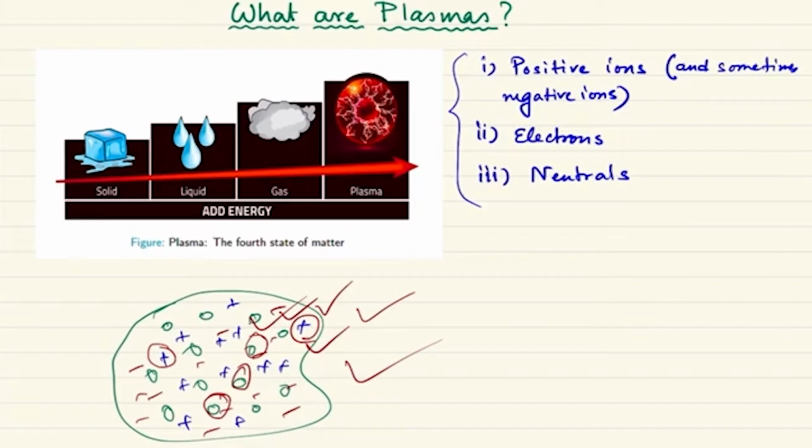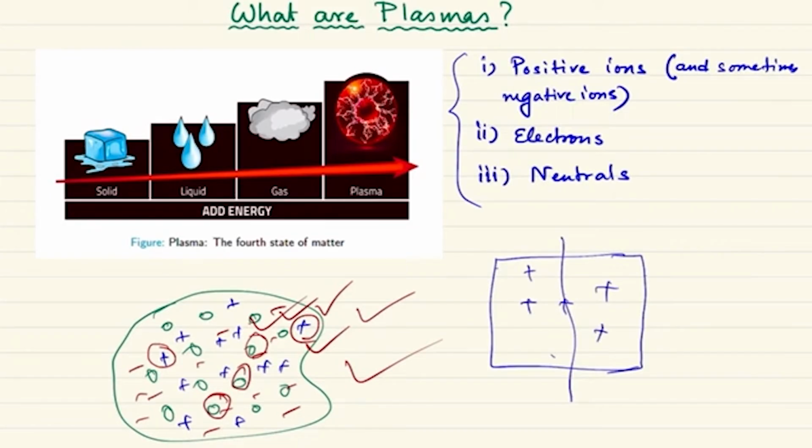Now, in various cases, under various circumstances, you will see that for the sake of simplicity, people just consider a plasma which is fully ionized and just is a collection of only positive and negative ions. But this is not the real case, although for some analytical convenience we do that.